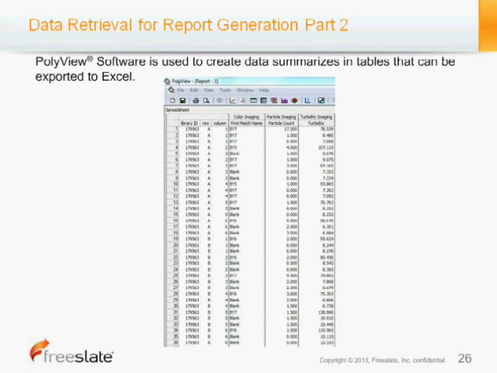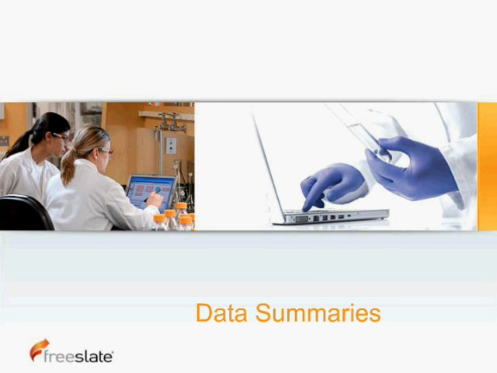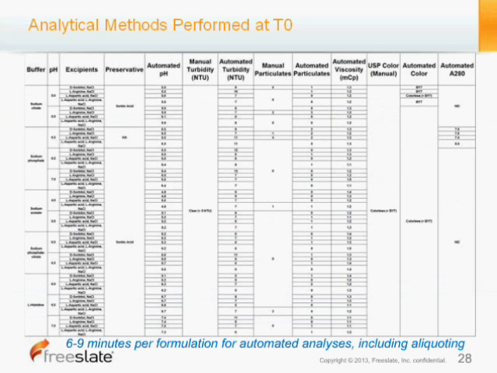Okay, so now I'm going to talk a little bit about the data summaries for this particular study. This particular table is very large and has a lot of information on it, and that's the intention. So it will be kind of small and hard to read maybe, but the point that we're making here is that there are 48 different formulations, and at T0, our initial time point, we are performing 6 automated methods along with a few of the manual methods.